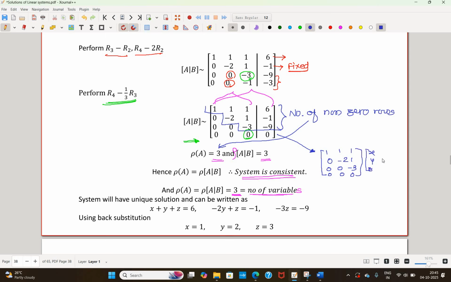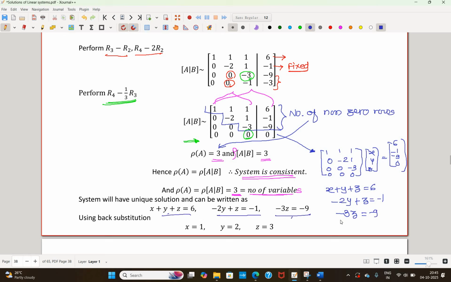This is xyz is equal to 6, -1, -9 and 0. Now if we multiply and simplify further, this matrix equation gives us 3 equations in this way. X plus y plus z is equal to 6, minus 2y plus z is equal to -1, and minus 3z is equal to -9, the way noted here.